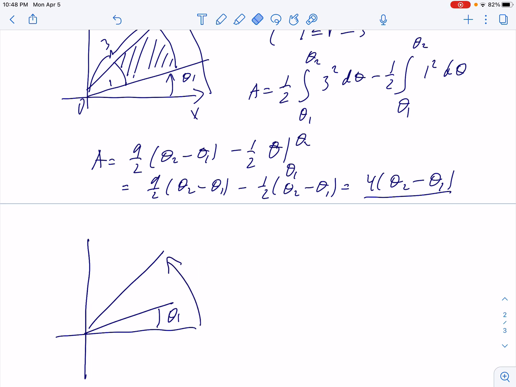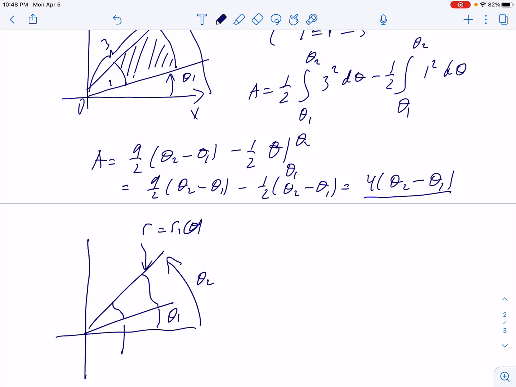This angle is theta 2. And suppose we have one graph like that, another here. So the first graph is R equals R1 of theta.